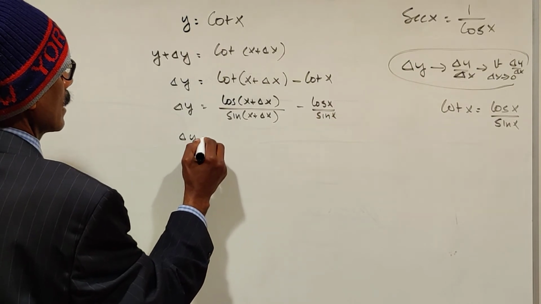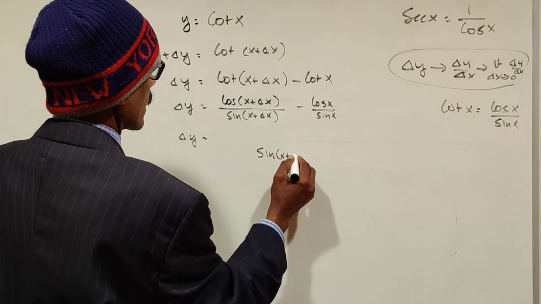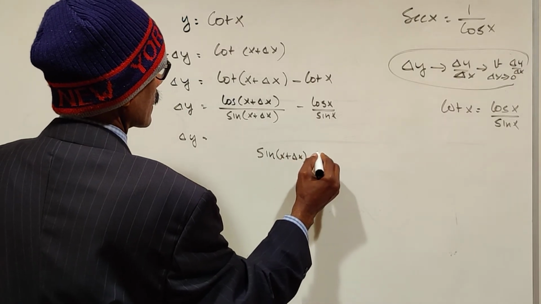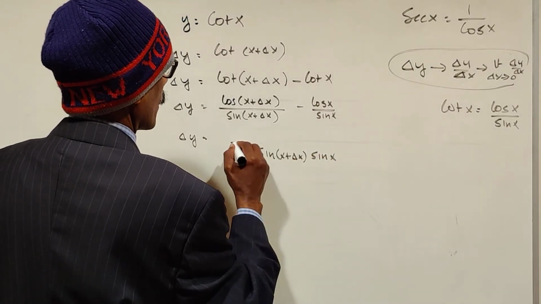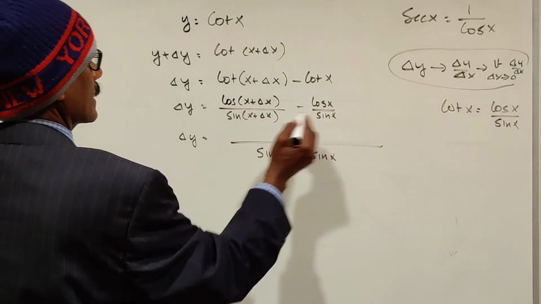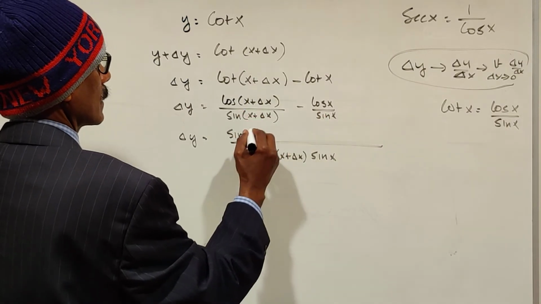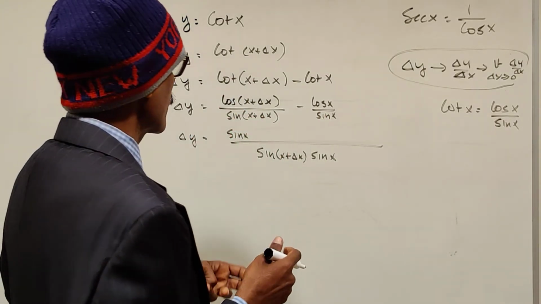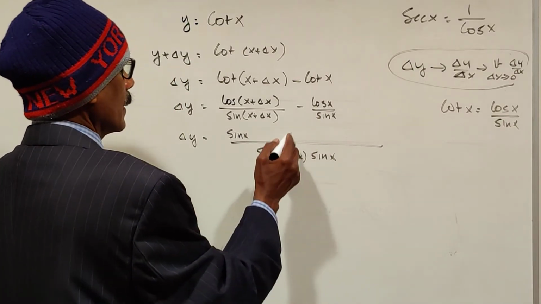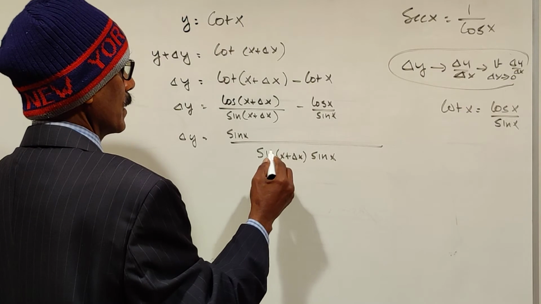Delta y equals LCM, sin(x plus delta x) sin x. Just multiply these two, sin x and sin(x plus delta x), that is the method of taking LCM, and multiply each term with the LCM.